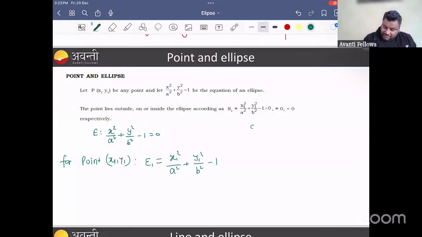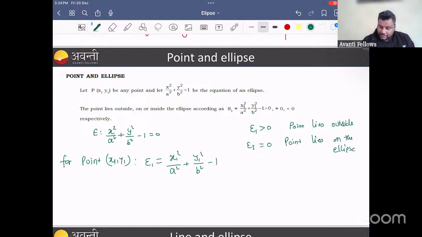Now, if this E1 is more than 0, then the point lies outside. If E1 is equal to 0, then the point lies on the ellipse. And if this E1 is less than 0, the point lies inside the ellipse.